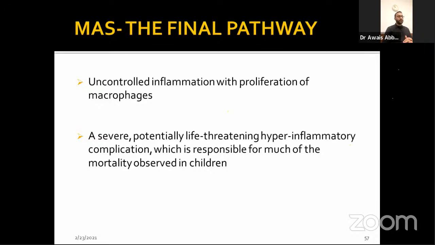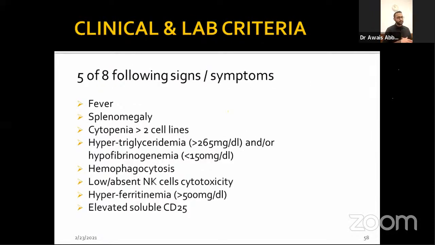This is a state of uncontrolled inflammation with the proliferation of macrophages. Just to simplify, it is an uncontrolled inflammation because of uncontrolled proliferation of macrophages. It is a severe and potentially life-threatening hyperinflammatory complication, which is responsible for the bulk of the mortality that has been observed, and that I'll discuss in later slides and the data that we have reviewed.